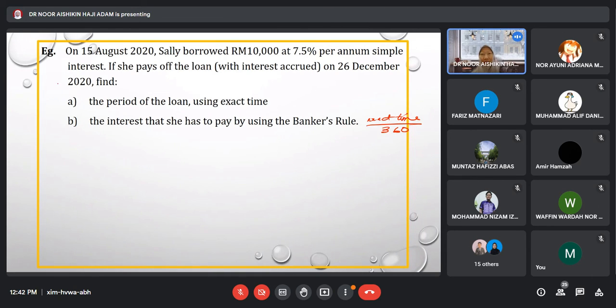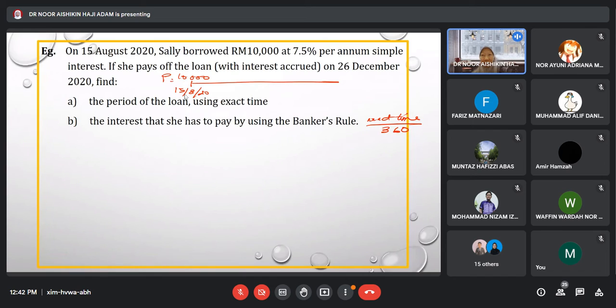Okay, timeline. Sebab saya suka sangat timeline. Kat mana saya nak contohin timeline saya? Kat atas ni boleh? Okay, mula cerita you bila? 15 August 2020. Sally borrowed 10,000 ringgit. What is that? 10,000 ringgit tu.